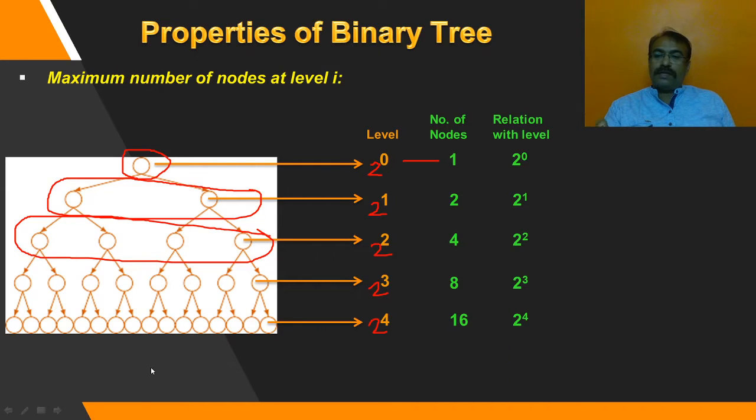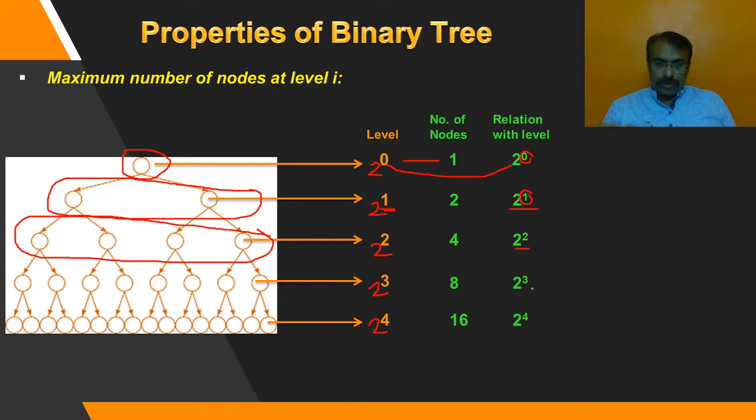So this way we can build up a relationship among the two. Okay, so see, 0 is the power, 1 is the power. If I know the level number, I can just put it in the power place. So level 1 has 2 raised to power 1 nodes.